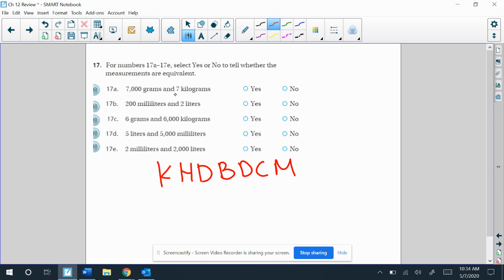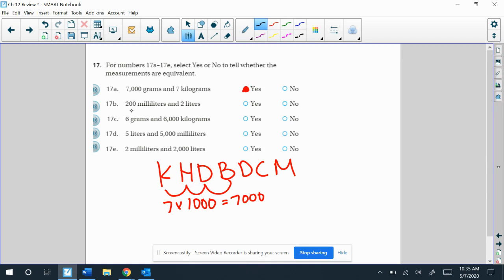So I'm going to change my larger unit into a smaller one. 7. I'm going to go to my base because it wants grams. So that means multiplying, going smaller. 1, 2, 3 zeros. 7,000, 7,000. Yes, this works.